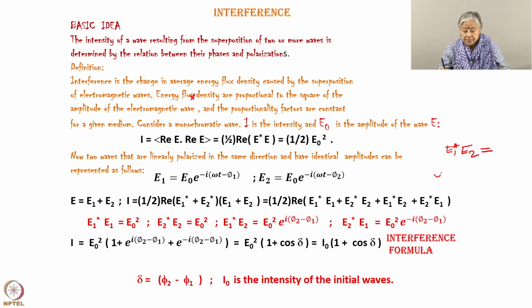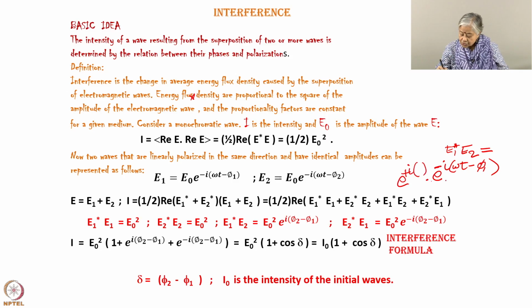So, I have a term e to the power minus I omega t minus phi 1 multiplied by e to the power, complex conjugate is here. So, I have another term plus I into this term in bracket.